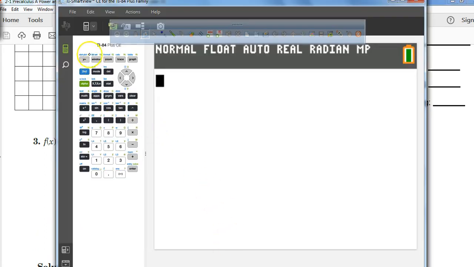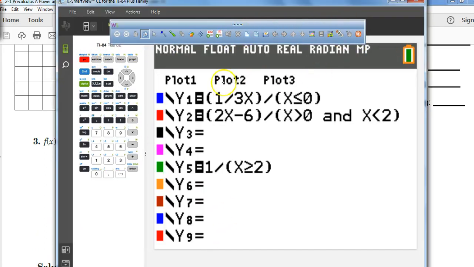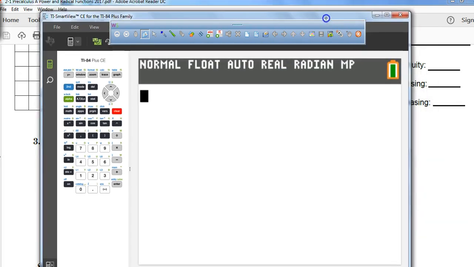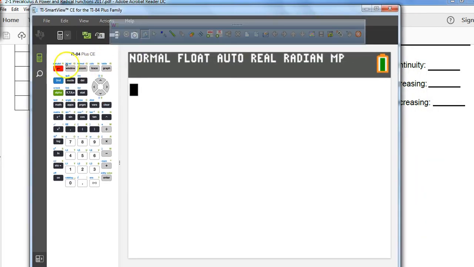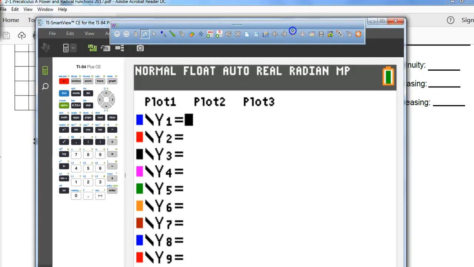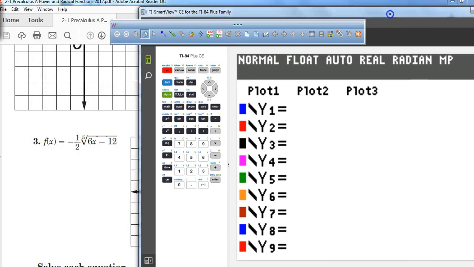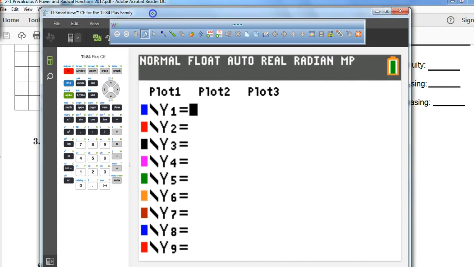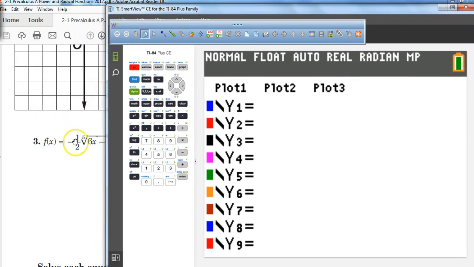Alright, so we're going to hit second plus, just clear everything out. Let's go ahead and put our equation. Now this right here says negative 1/2, so I'm going to type in a negative 1/2.